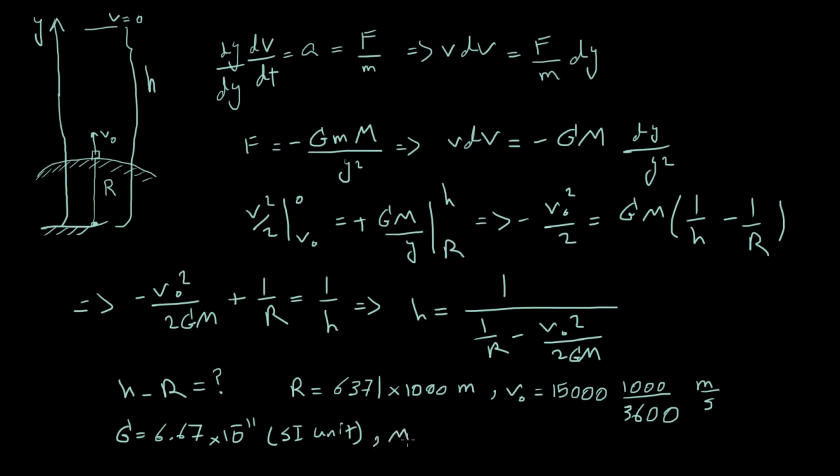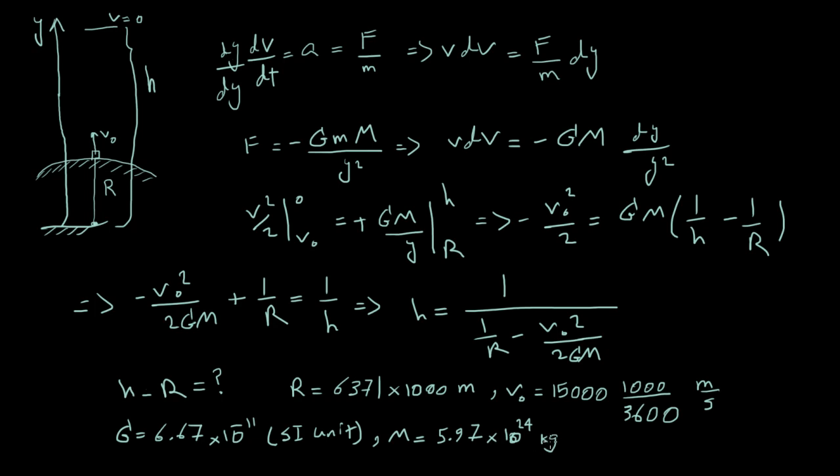And the mass of the Earth is 5.97 times 10 to the 24, that means 24 zeros here, kilograms. So it's also SI units.